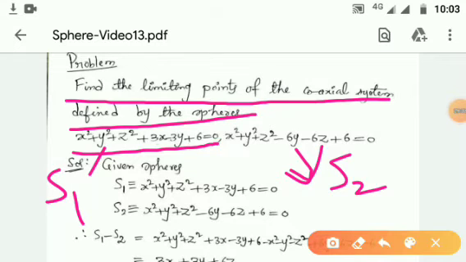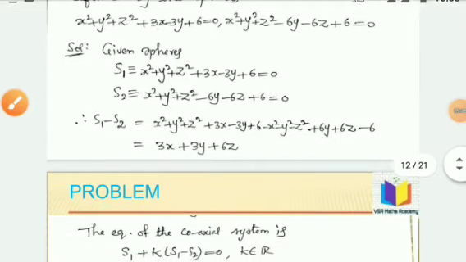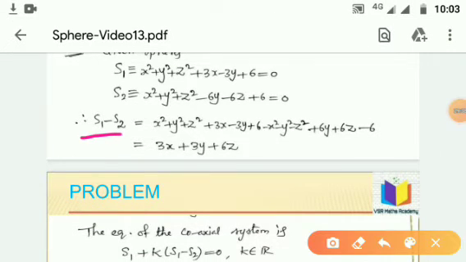So given spheres S1 equals 0, S2 equals 0, then S1 minus S2 is obtained by subtracting S2 from S1. Therefore S1 minus S2 is equal to, these two terms will get cancelled.